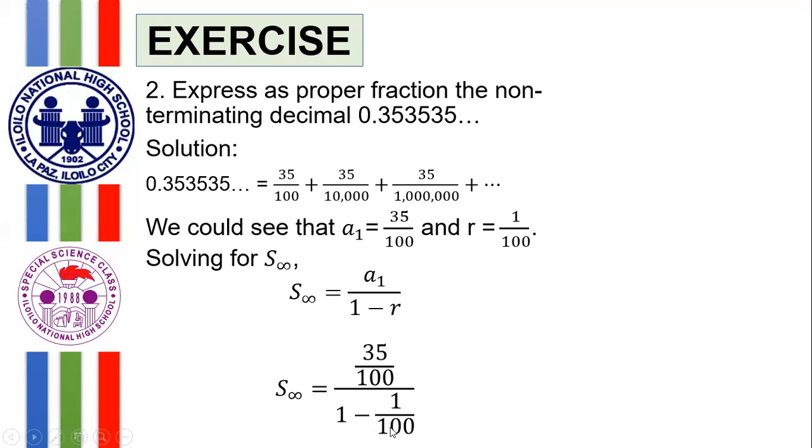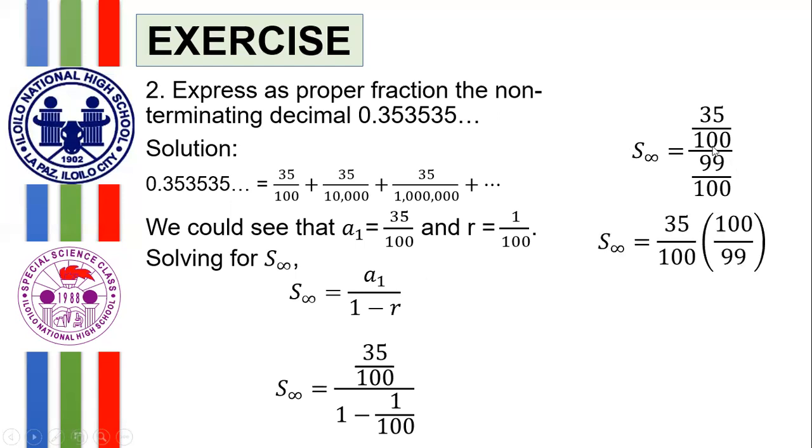1 minus 1 over 100 simplifies to 99 over 100. So you have this 35 over 100 divided by 99 over 100. But dividing by 99 over 100 means you have to multiply the 35 over 100 with 100 over 99. 100 divided by 100 becomes 1.